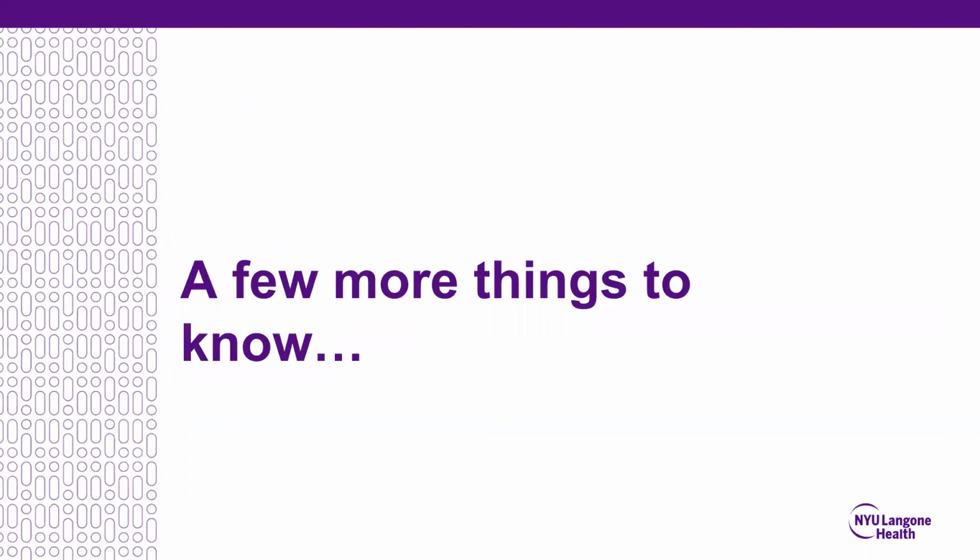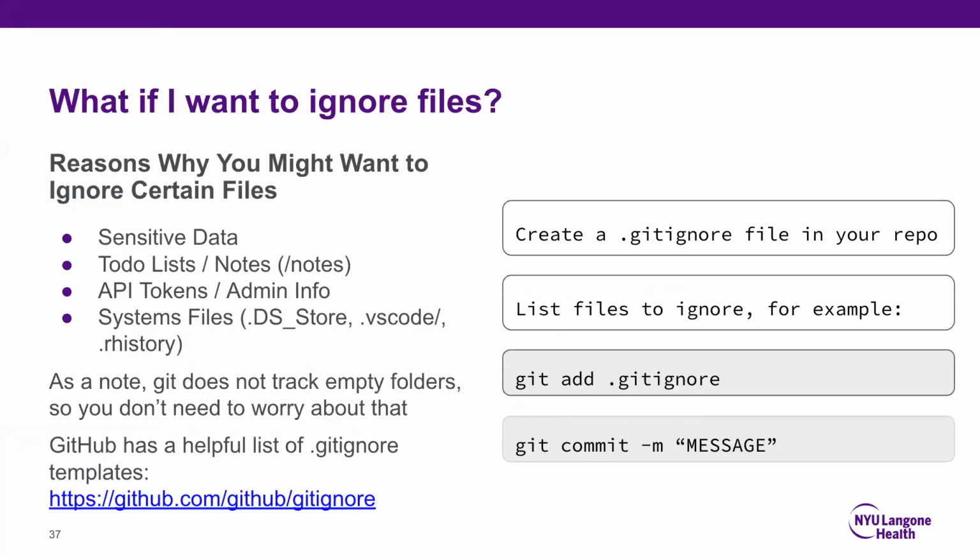But I just want to wrap up with a few other things. At some point, you may see some files that you don't want to go into your repository. If you're on a Mac, this could be the .DS_Store, an invisible file that a lot of times will come up on Macs. Sometimes VS Code creates one, or R creates an R history file. Sometimes these aren't relevant to the repository that we want to share on GitHub.